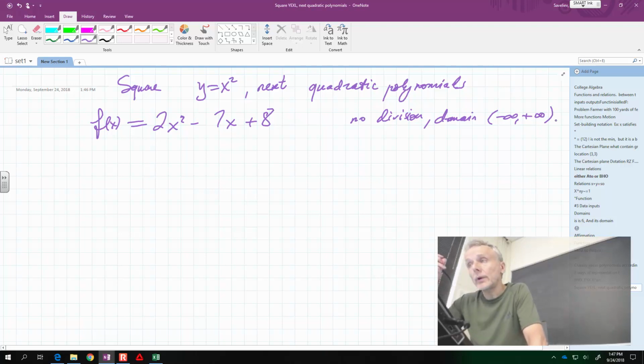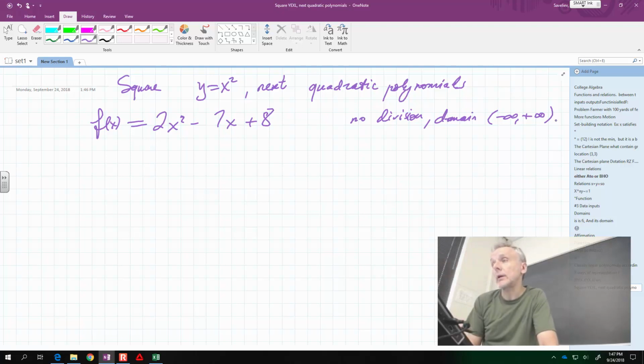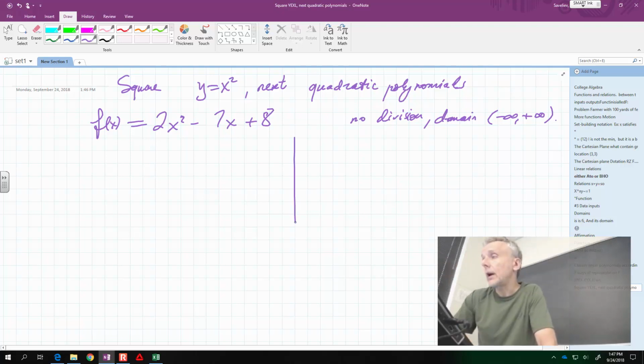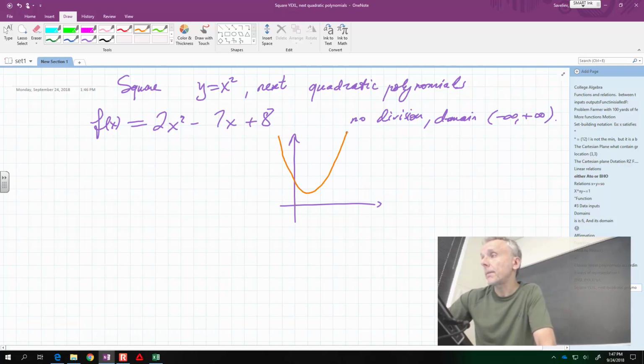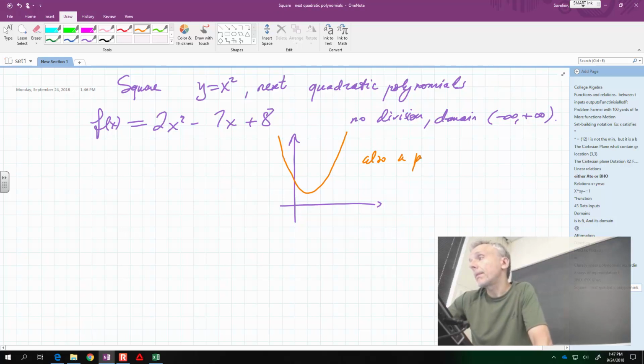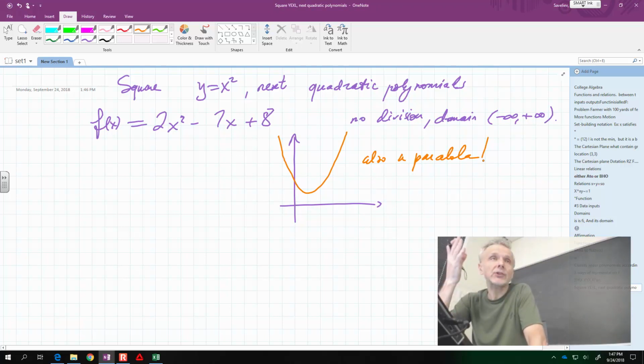To begin with, the shape of the graph. I'm not going to go into the details until we move on. But it's still a parabola, except it is located elsewhere, which means that the y-axis is not the axis of symmetry, as we call it, but there's still an axis of symmetry somewhere.